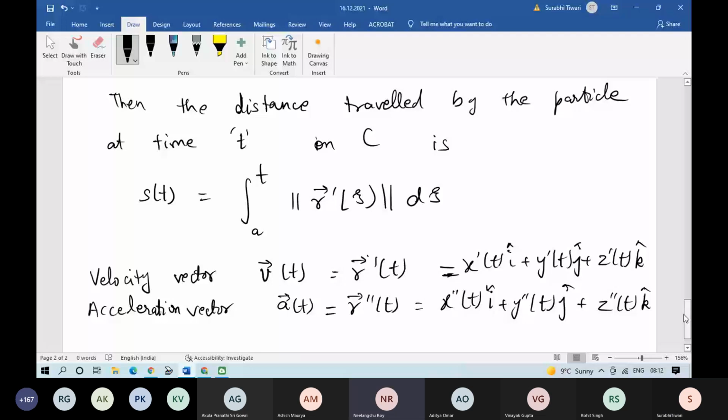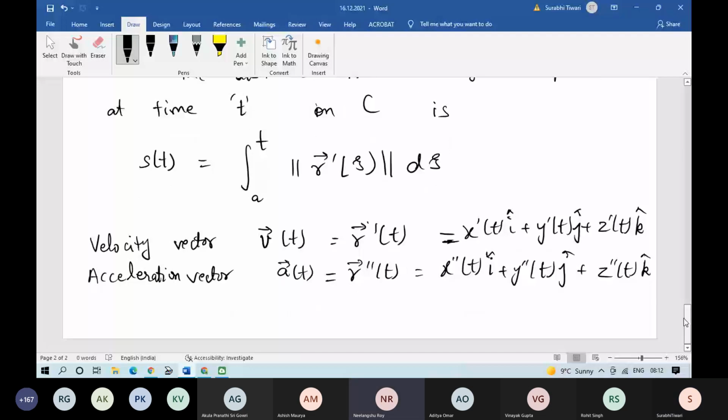Ma'am, what is that symbol for the norm of r'? It is ξ, a Greek letter, which we call xi. This is just a variable; you can write any other variable, x, y, z, anything.